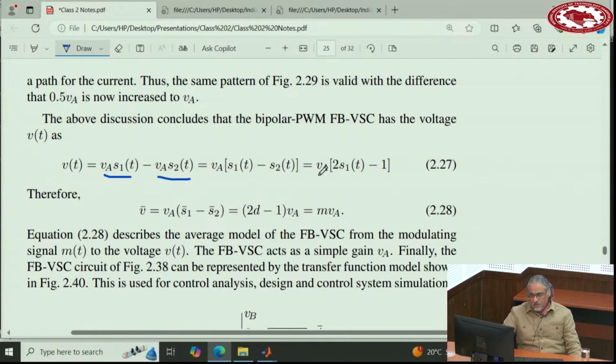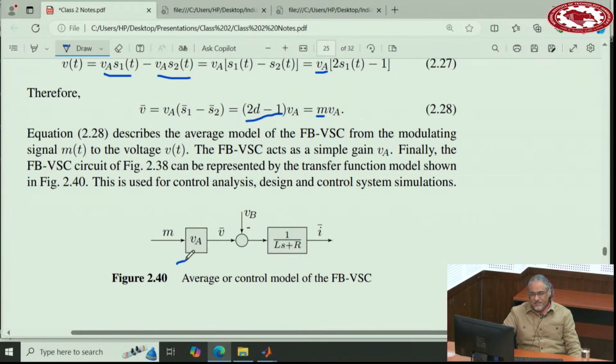And then you see the difference is we don't have VA half, we have VA. So 2D minus 1 and M, and that's it. Right? So the only difference is that now we can generate twice larger voltage at the output terminals.